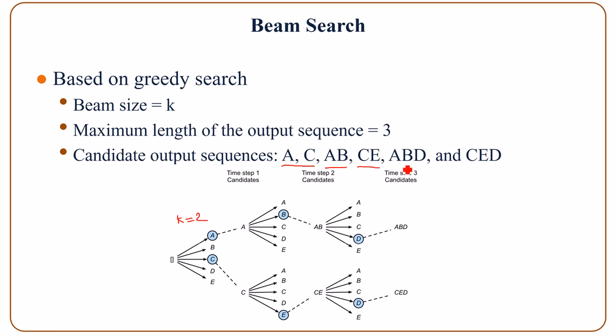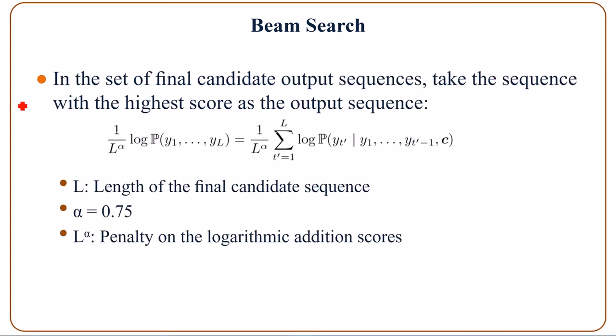Eventually, at time step 3, we have ABD and CED. So eventually, we have the set of final candidate output sequences with these 6 sequences. Now, in the set of final candidate output sequences, we take the sequence with the highest score as the output sequence.